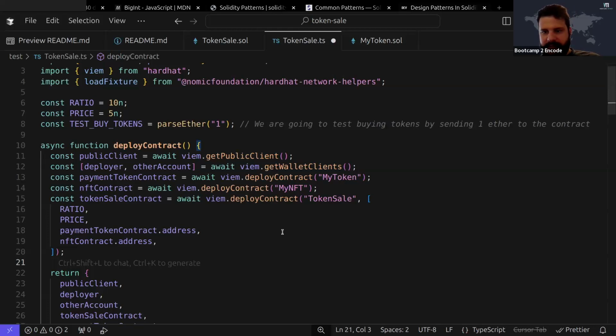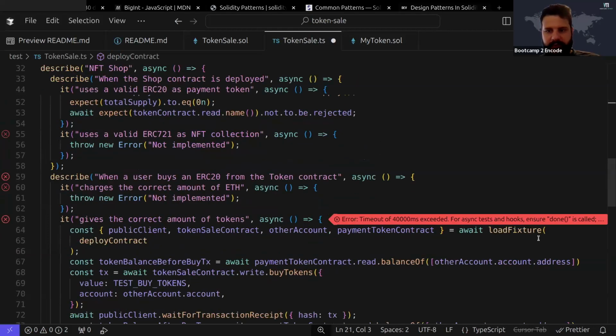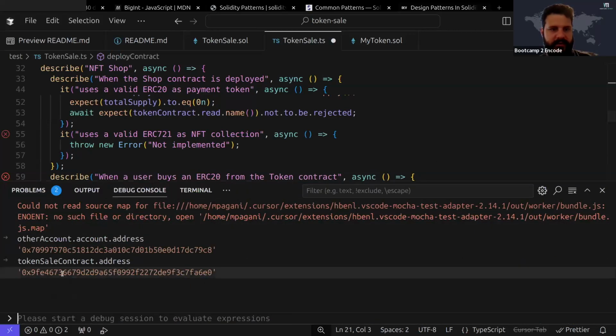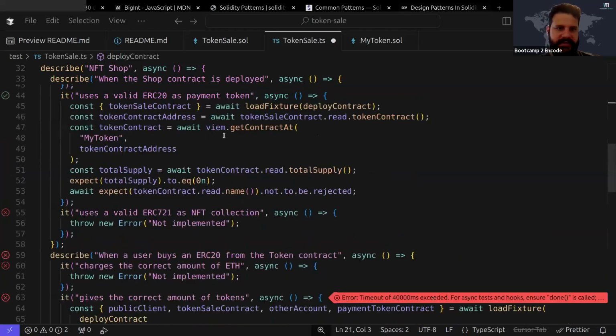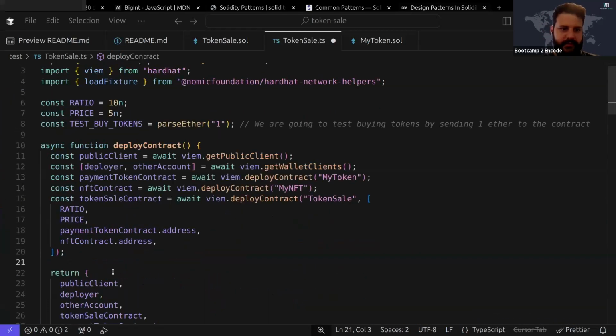I know that I'm missing this role, 9F2 blah blah blah. 9FE46 is my address, and this is the role that I'm missing. So this is the minter role.